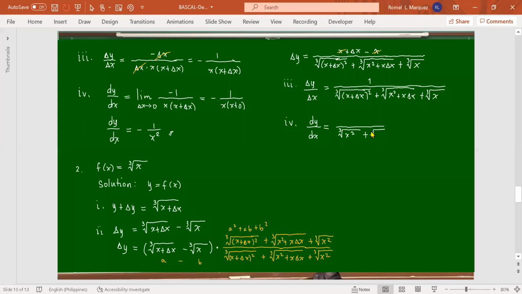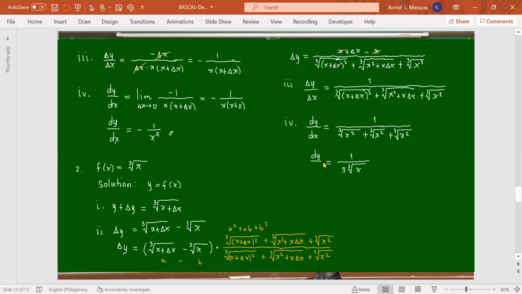The cube root of x squared plus the cube root of x squared. Ayan. Sorry, meron pang to. I missed this out. Okay. What's now the final answer, guys? 1 over 3, the denominator you have 3 times the cube root of x squared. Numerator 1.